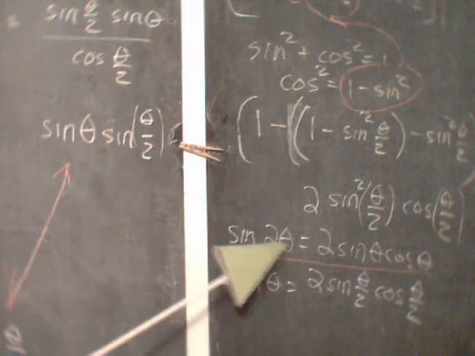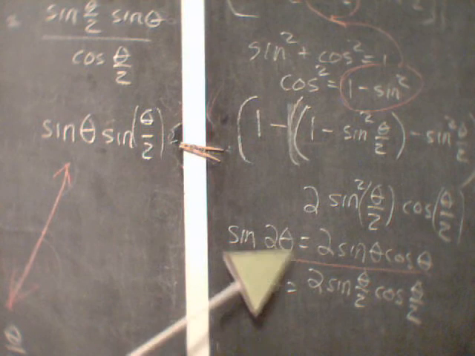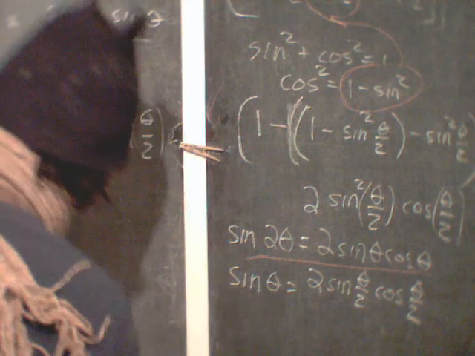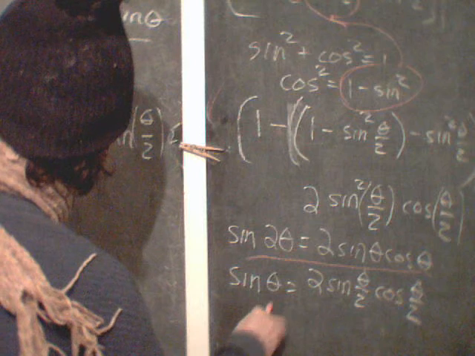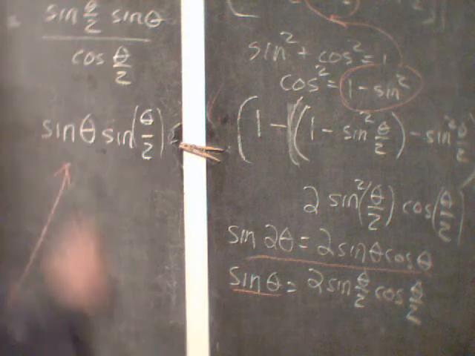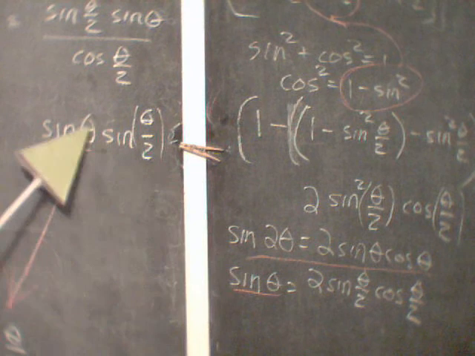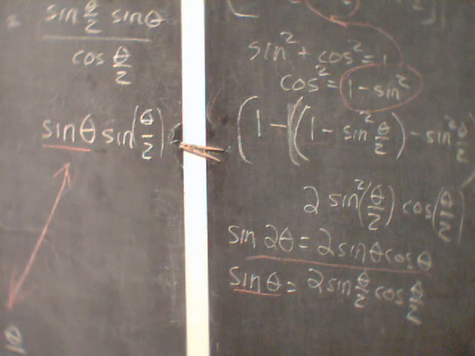This is the same thing, just theta instead of 2 theta. Then we can plug this thing right here in over here. Will it be equal then? And I think the answer is yes.